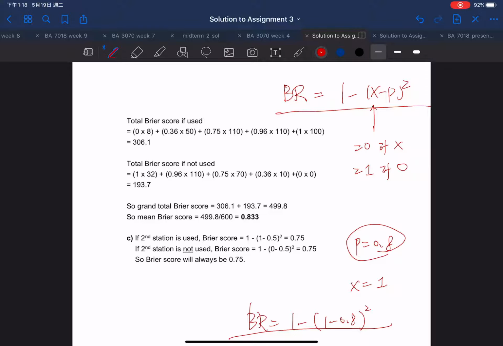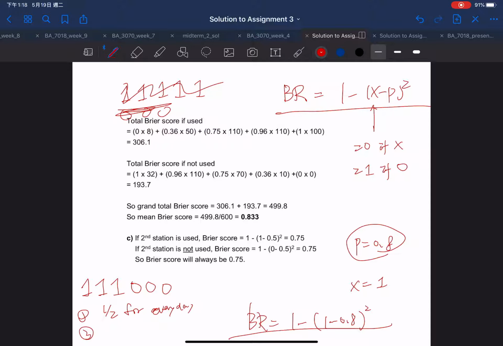Okay? In the sense that if I made the same prediction, so for example, if in the past 6 days what actually happened, I should write this in a sequence, is 1, 1, 1, 0, 0, 0. 1 means raining, 0 means not raining. And my prediction was, the first prediction is I predict half for every day.